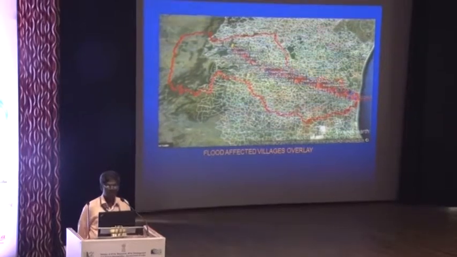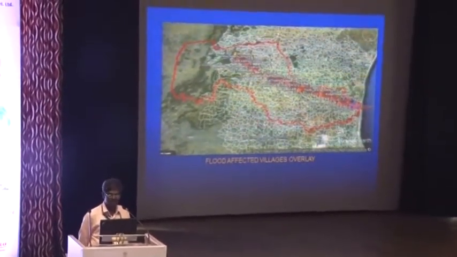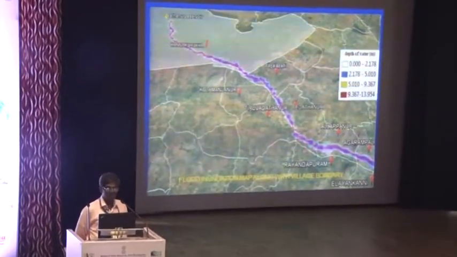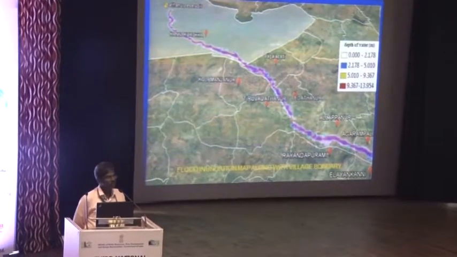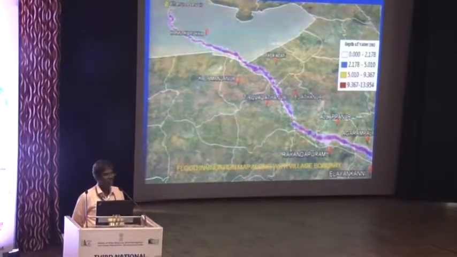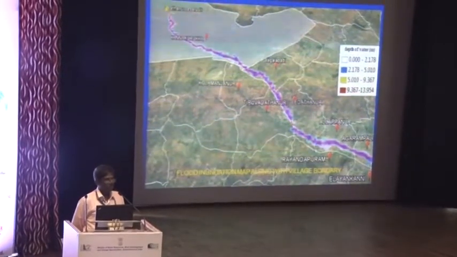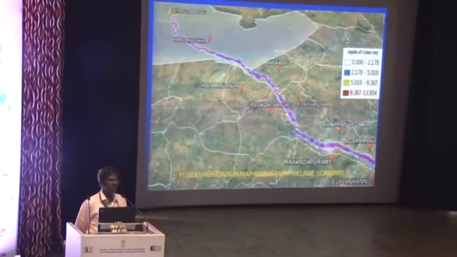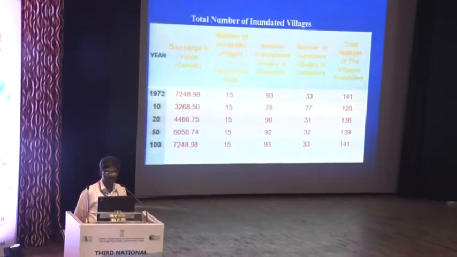That will be superimposed onto a village map so that we can identify the number of villages that are inundated, and see what depth of inundation and which villages. Therefore, we can go to the places likely to be inundated beforehand, identify some of the villages and get information from them on how much area is irrigated and what losses can be predicted.